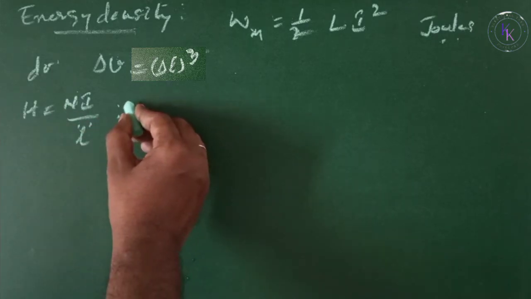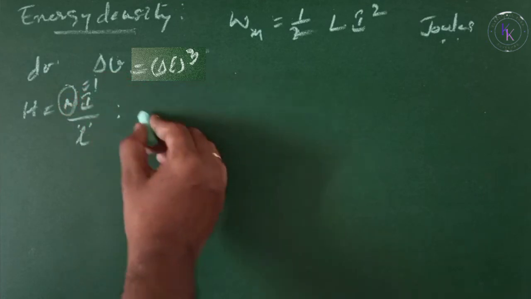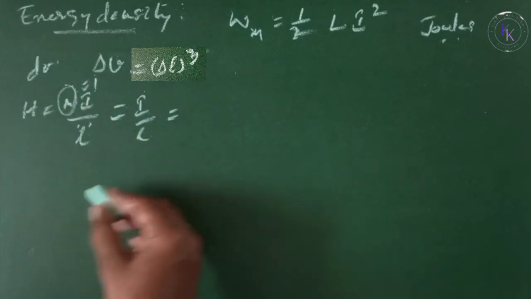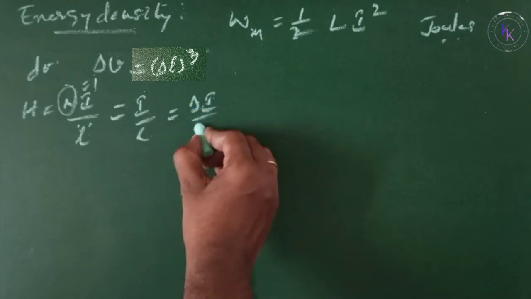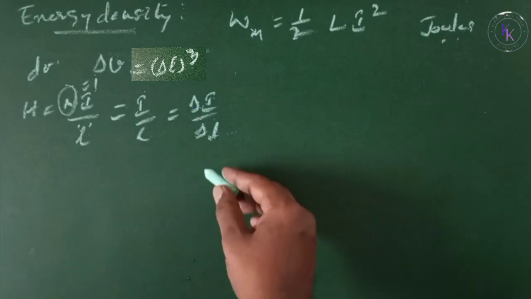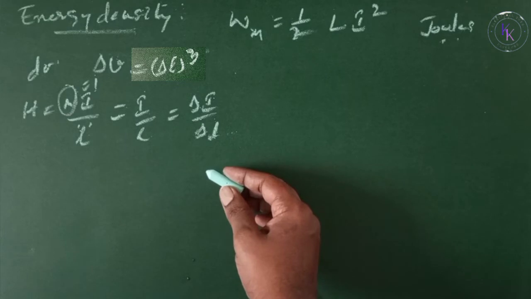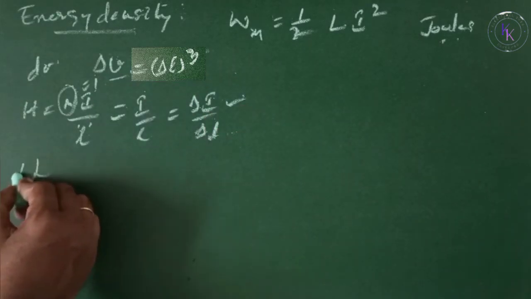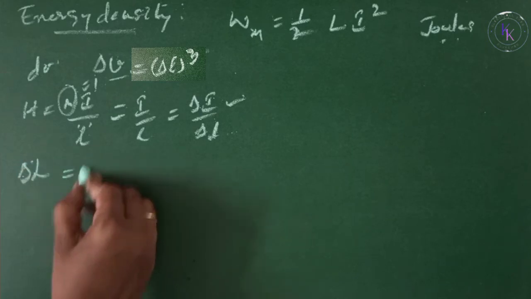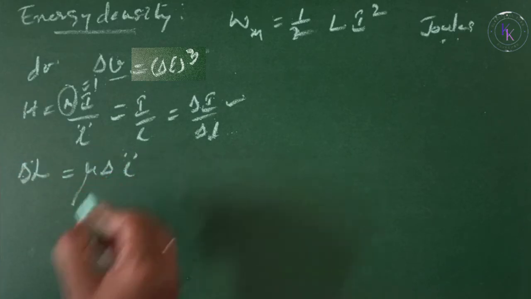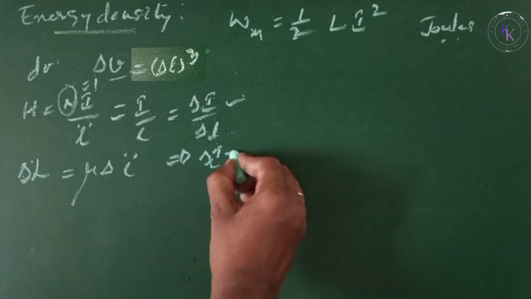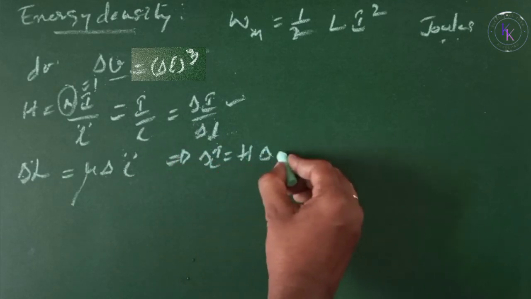In our case, N equals 1, so H equals i by l, that equals delta i divided by delta l, since we consider an elementary volume, so an elementary current will be there. We know that delta L equals mu delta l, where l is the length. From this, delta i equals H delta l.